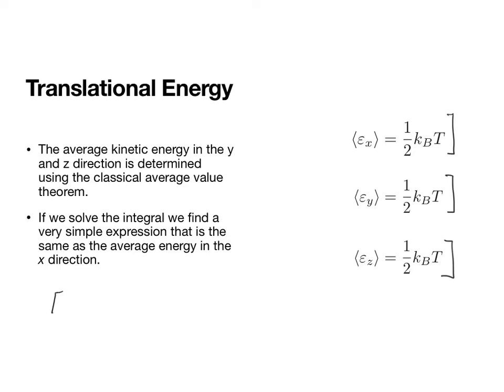And so this allows us to think about our E translational as equal to our average energy of our x direction plus our average energy of our y direction plus our average energy of the z direction, giving us 3/2 kBT.